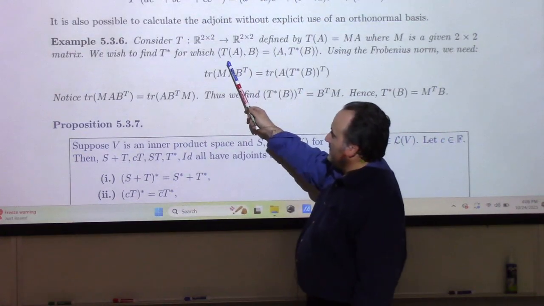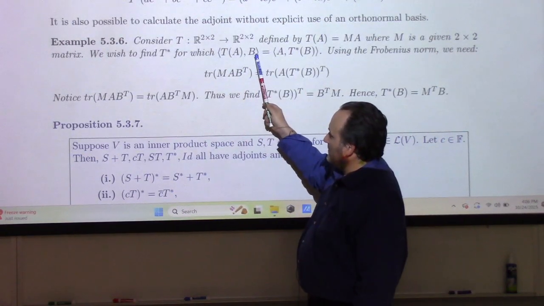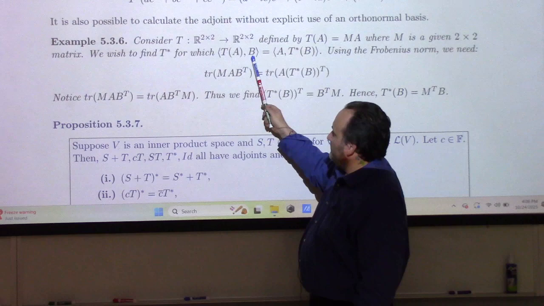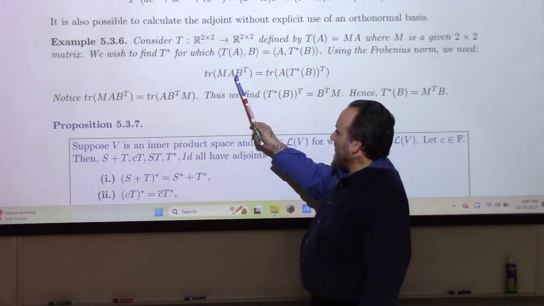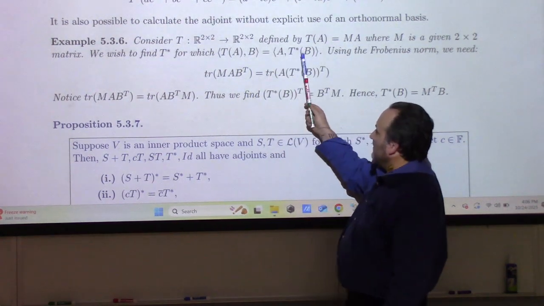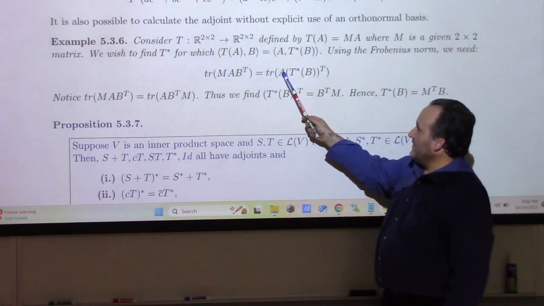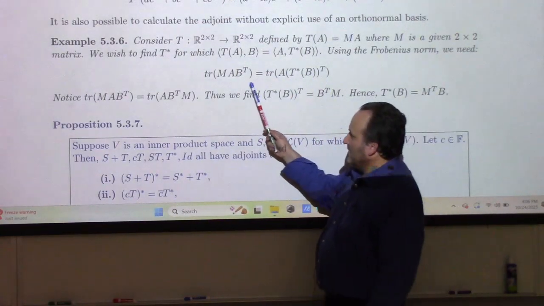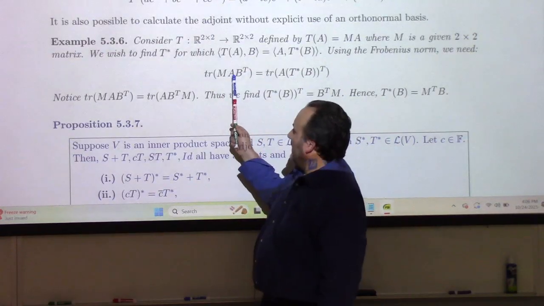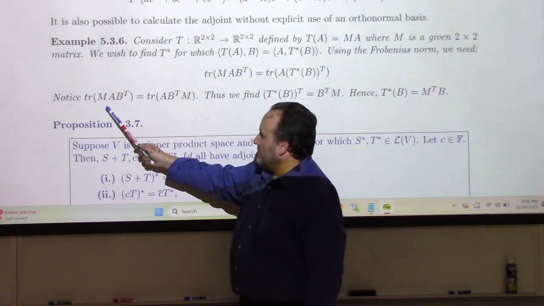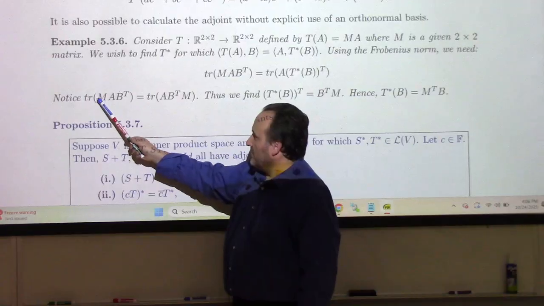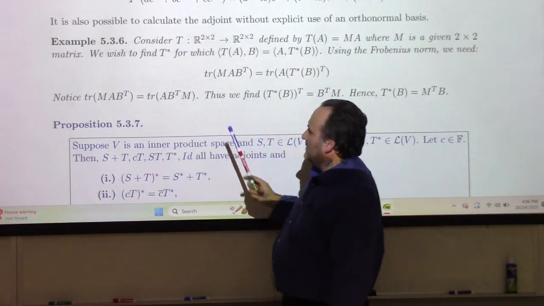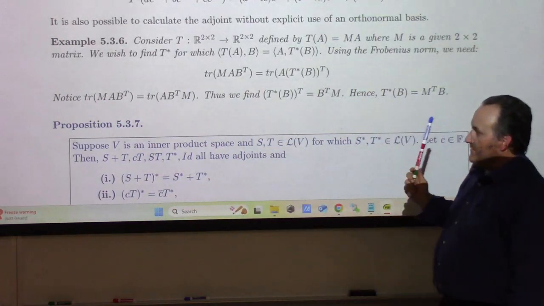By definition of the Frobenius inner product here, I do T(A) with B transpose, which is the trace of MA B transpose. And over here, I have the trace of A with T star of B transpose. But to put the A here, I can use properties of the trace to move the A over here and move the M over there, because of the cyclicity of the trace.